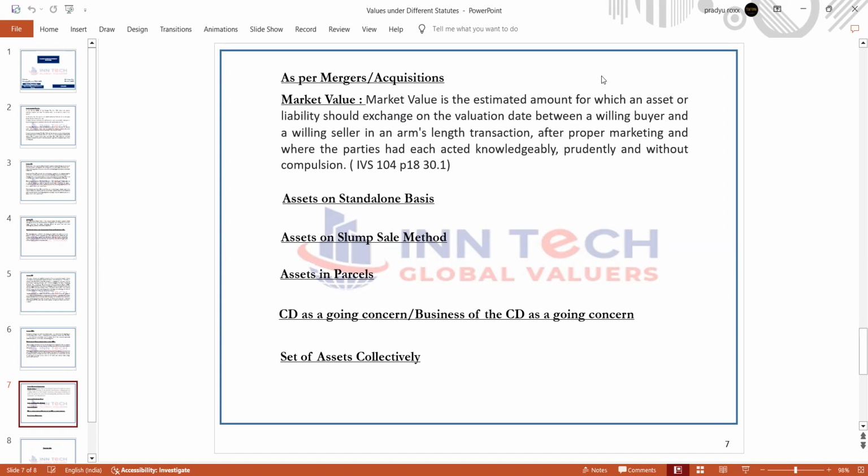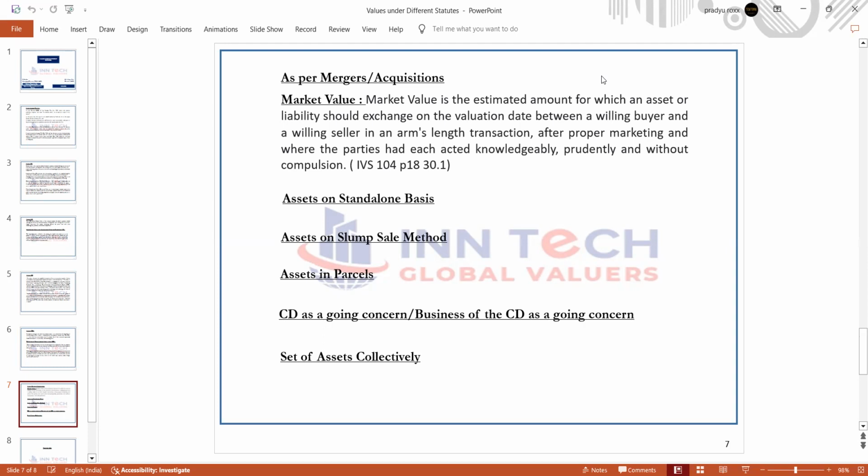Why do mergers and acquisitions normally happen? Because there is a synergy with the other company which they want to take over. That is when they want the highest value of the asset, so that the merger or acquisition can happen. So the synergic value will be more relevant, and the base and premise of the valuation are important while doing such mergers and acquisitions.